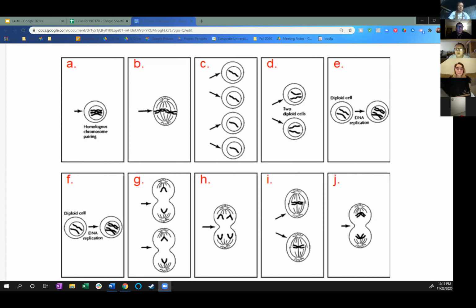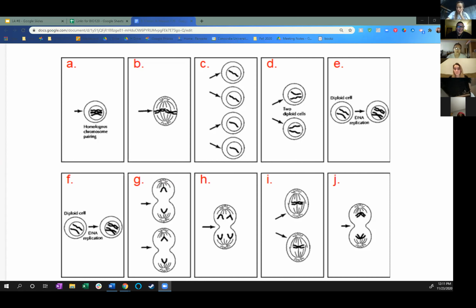So part B, it looks like we have 2 different chromosomes lined up on the metaphase plate. Go ahead, give me a thumbs up for mitosis, clapped hand emojis for meiosis. Also, if you're responding in the chat, you're welcome to just say mitosis or meiosis, or you can say clap or thumbs up.